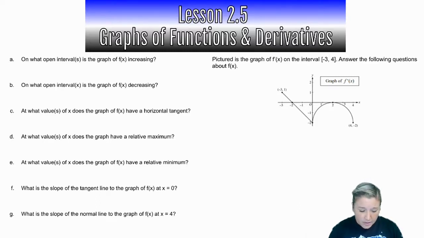So on what open intervals is the graph of f of x increasing? Remember, for f of x to be increasing, the derivative has to be positive. So basically, I'm looking for where the graph of f prime of x is above the x-axis. So up here, and you'll notice that that's going to be between -3 and -2, an open interval.